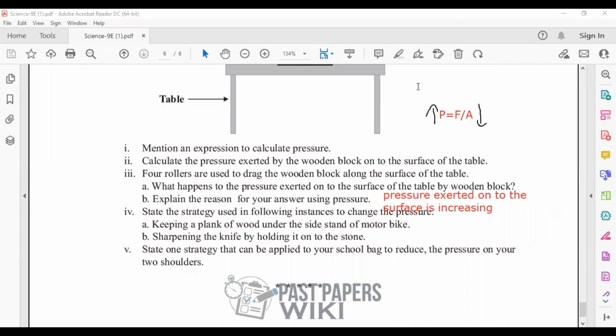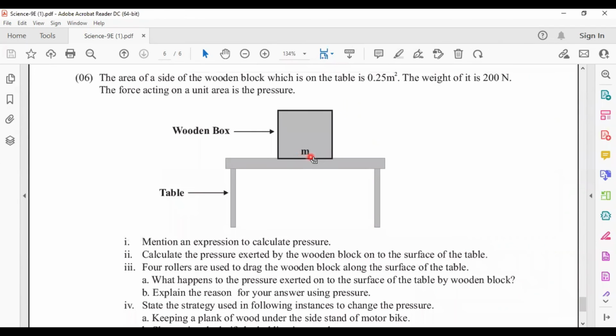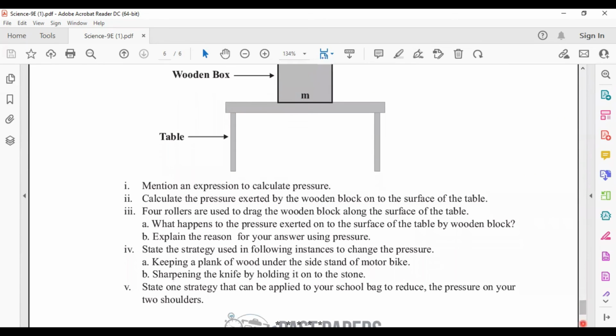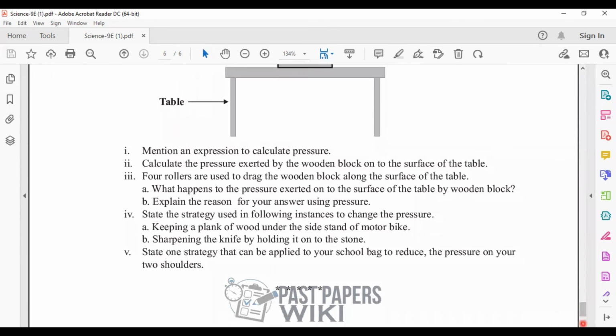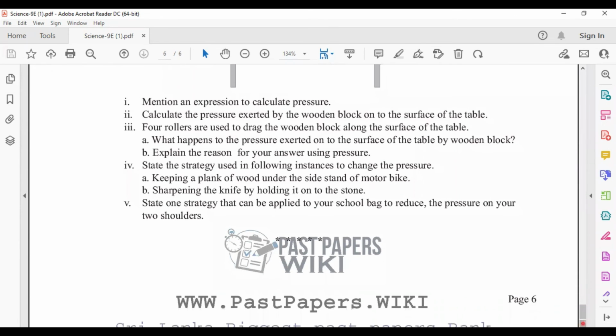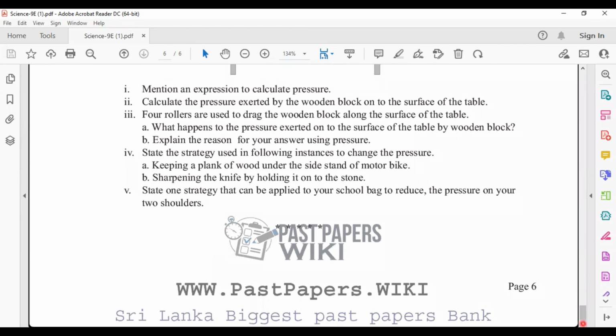Here the rollers are applied. That is why the surface area is decreasing. Rollers are applied here, so the surface area that this wooden box is contacting with the table will decrease. So the pressure is increasing. Explain the reason for your answer using pressure.